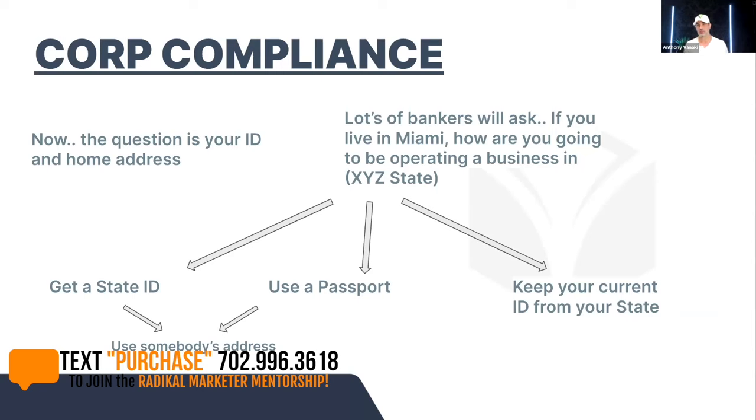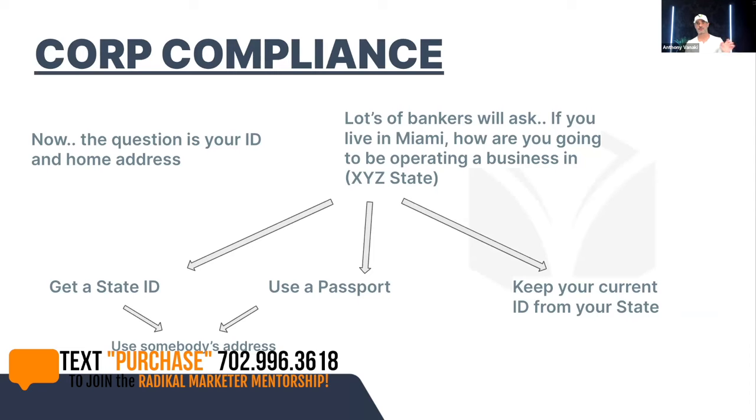When I was living in California, I had a state ID, but my driver's license was in Miami for over 10 years. At the same point, I was able to get an Arizona ID, which is kind of crazy because that never expires. I literally still have it from 10, 15 years ago.